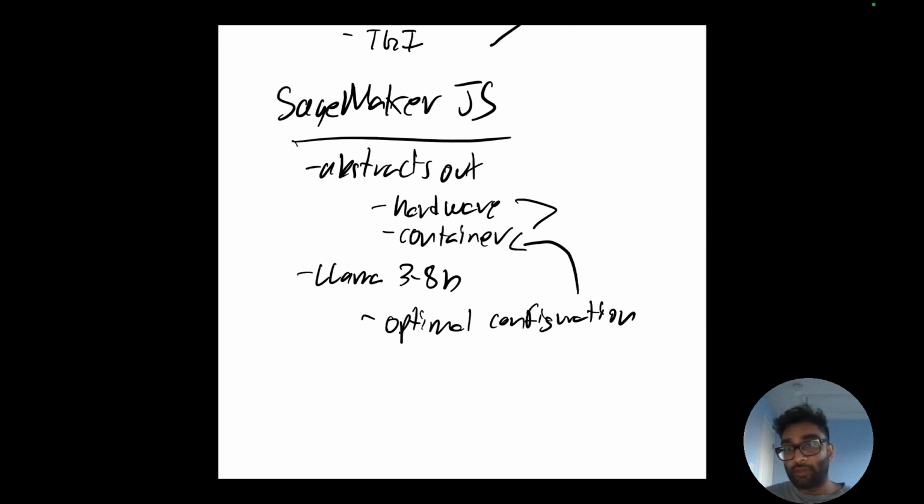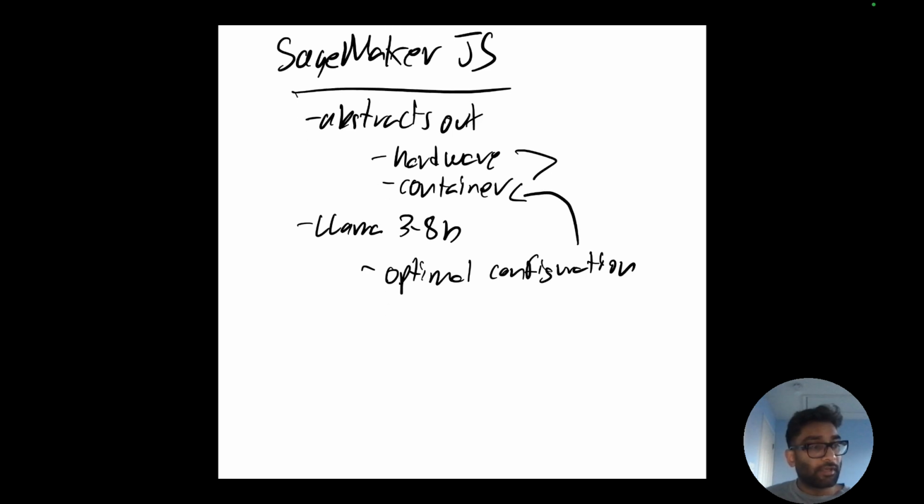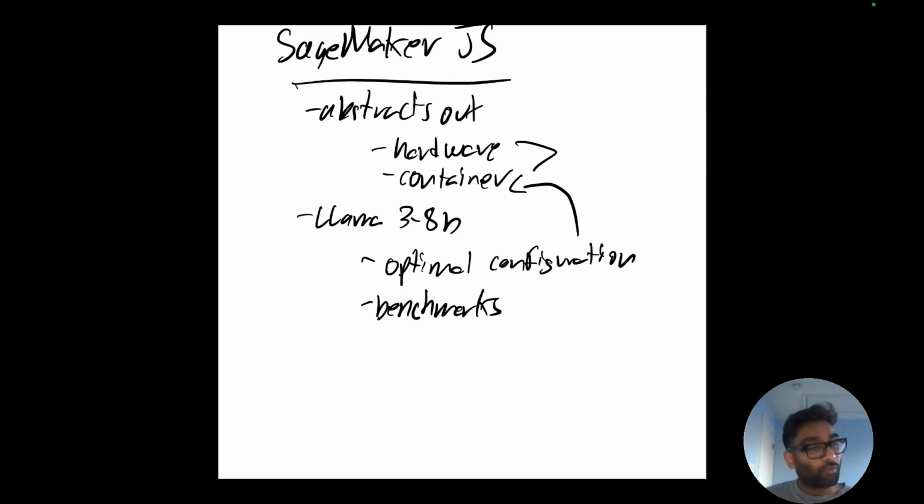We've already selected a container for you, and the ideal hardware type behind it, and ran some preliminary benchmarks. What we can simply do, through SageMaker JumpStart, is select this model ID, and then say, give me this optimal configuration, and deploy it for me on a SageMaker endpoint.